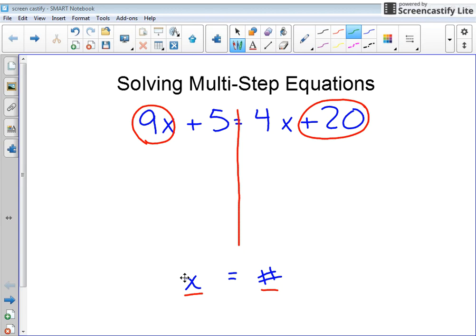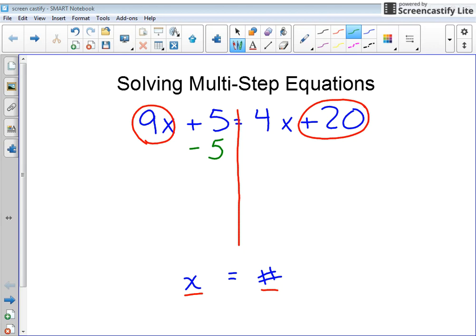I'm going to start on the left-hand side with what is not circled, and that is the plus 5. I think to myself, what would I need to do to have that equal 0 or to eliminate it? To eliminate it, I need to subtract 5.